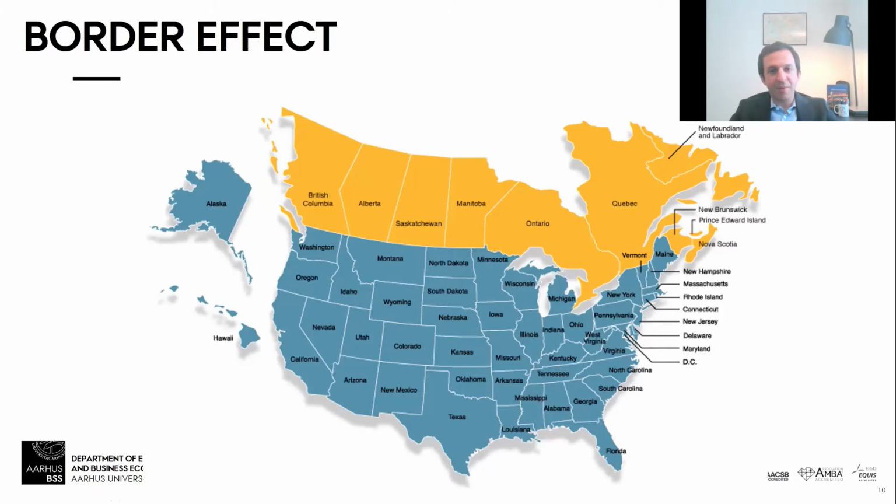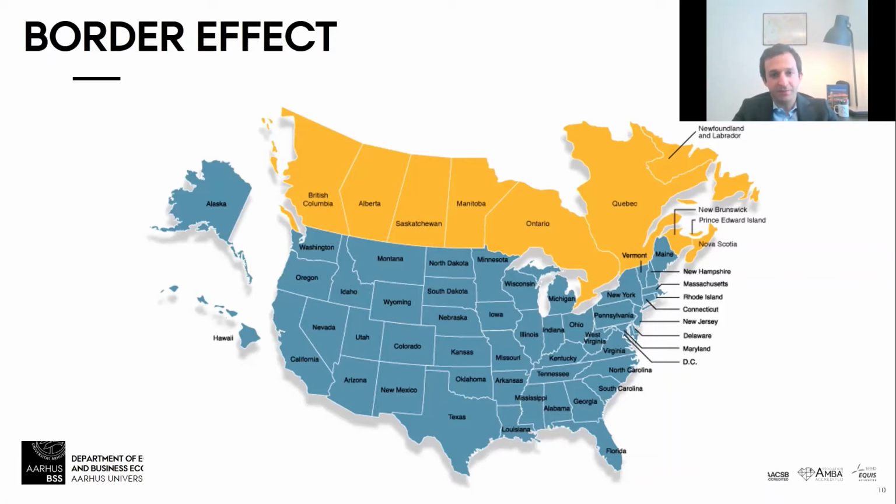So I remember when Feenstra talked about this paper, he was actually present when McCallum, I believe, went to Davis, or perhaps it was in a different seminar room or a different conference, and presented this paper for the first time. And he basically asked the audience, what do you think is the effect of the border? How much more do you think there is trade flows between British Columbia and Alberta relative to British Columbia and Washington, controlling for GDP, controlling for distance?